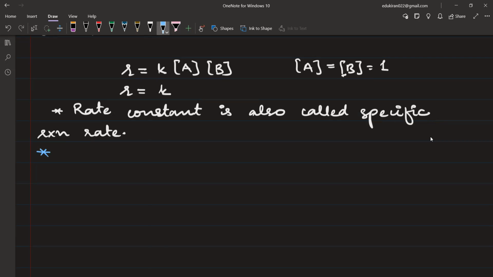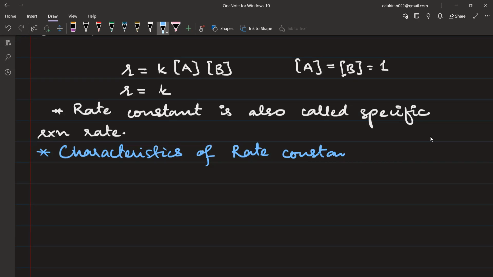Right, next. Characteristics of rate constant. Item number 1.